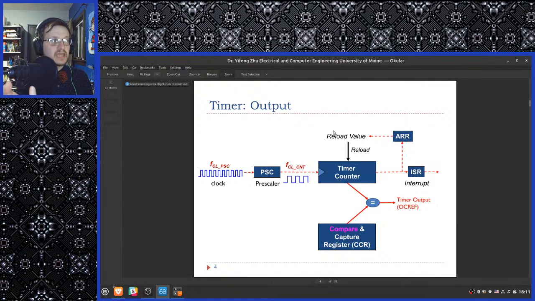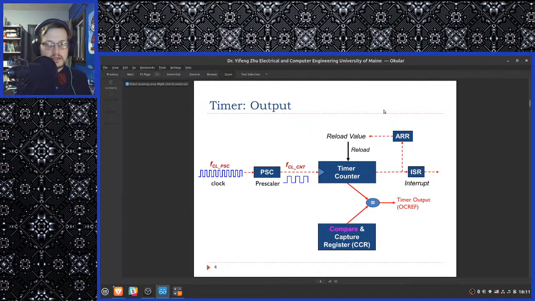That interrupt can be picked up by the software and used to increment an internal variable that keeps track of the number of times that it has overflowed, and you can use that to calculate exactly how much time has elapsed with very fine precision.